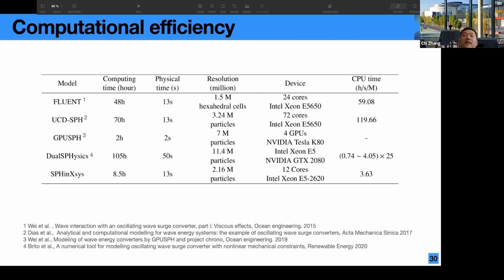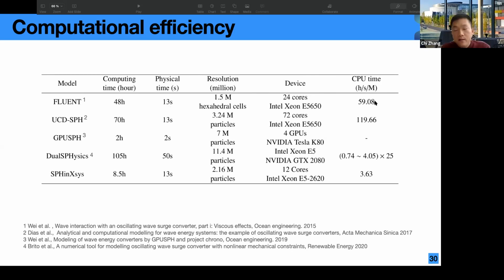So another important thing is the computational efficiency. In the modeling of the wave interaction with the oscillating wave surge converter, we compare our CPU times with some SPH codes and also Fluent, the commercial software package. This is the CPU time in hours for 1 second of physical simulation for 1 million particles.